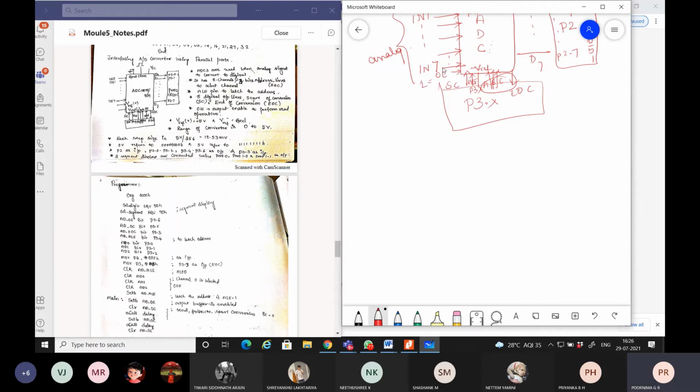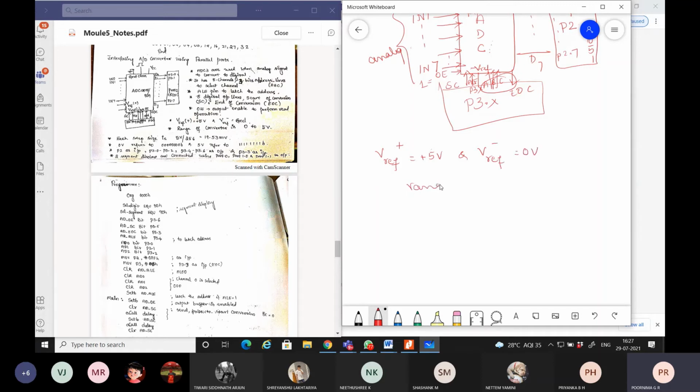And here, V reference plus and V reference minus. V reference plus is at plus 5 volts and V reference minus has to be grounded, at 0 volts.